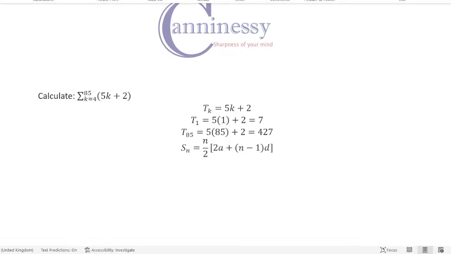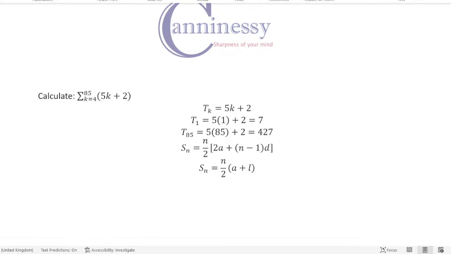The second formula, we only use it if we have the last term, and in this case we do have the last term. It is Sn equal to n over 2 into a plus l. So now we're gonna use the last term because it's shorter and quicker, because we have the value of the last term.